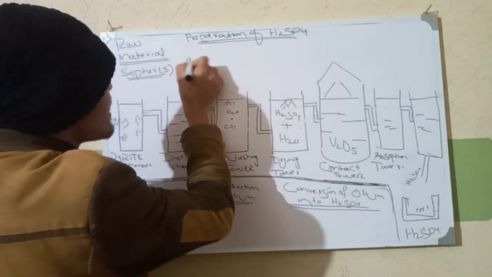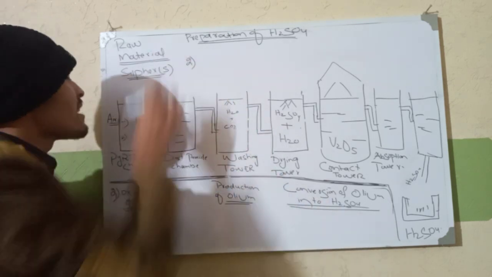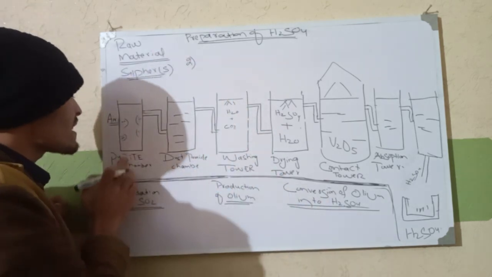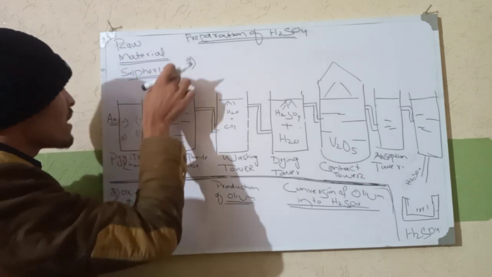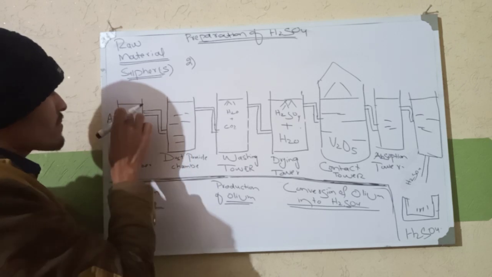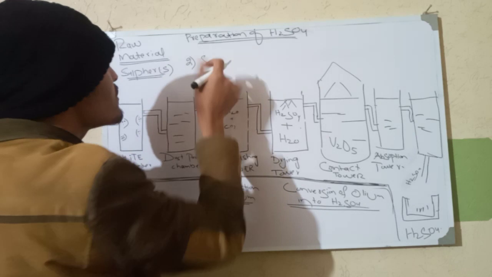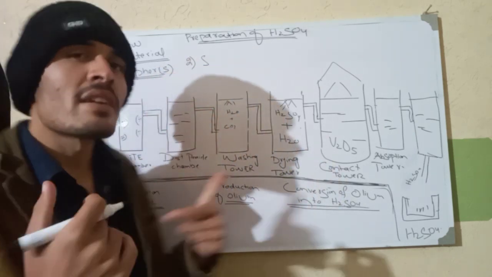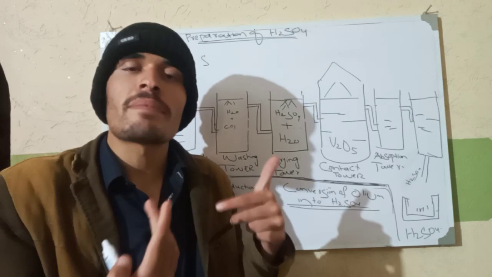Now the preparation starts. The first step is we add the sulfur to the pyrite chamber. We place sulfur in this chamber. We add oxygen to the sulfur, so they form sulfur dioxide.